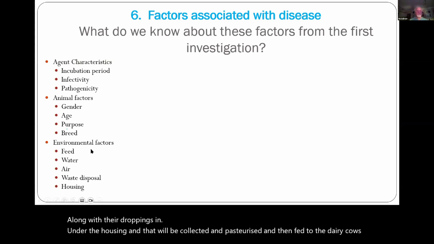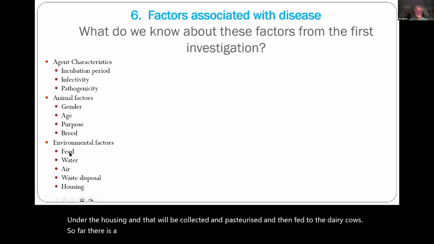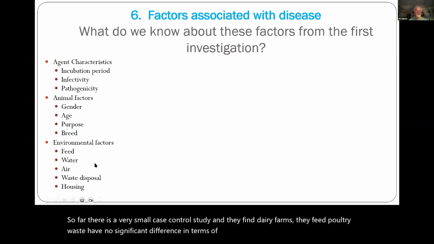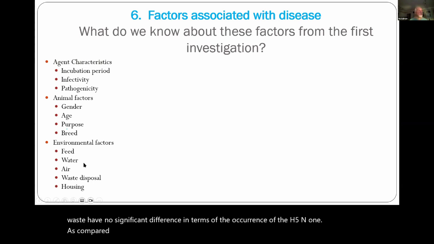So far, there is a very small case control study, and they found dairy farms that feed poultry waste have no significant difference in terms of the occurrence of the H5N1 as compared to those that don't.